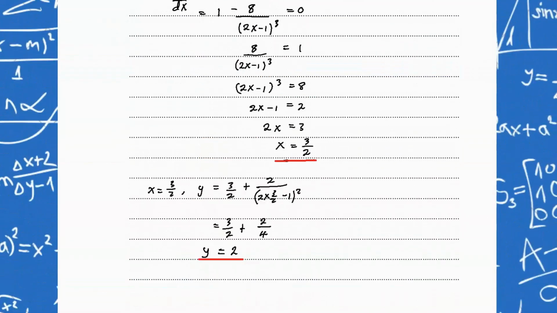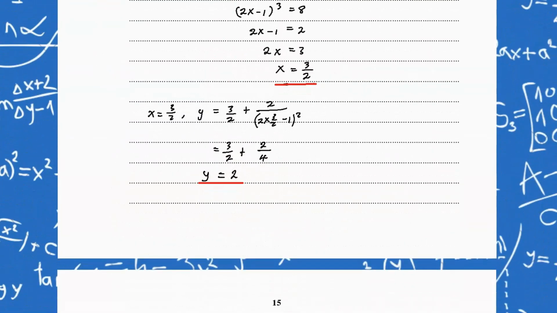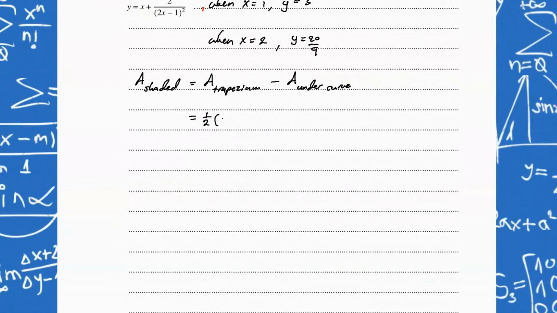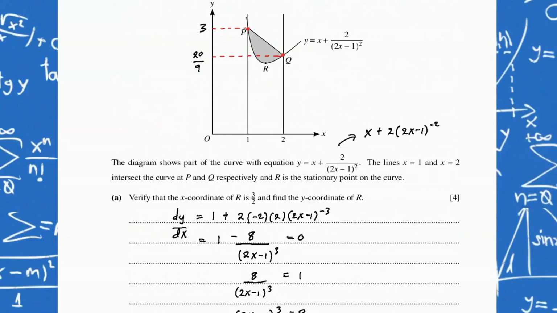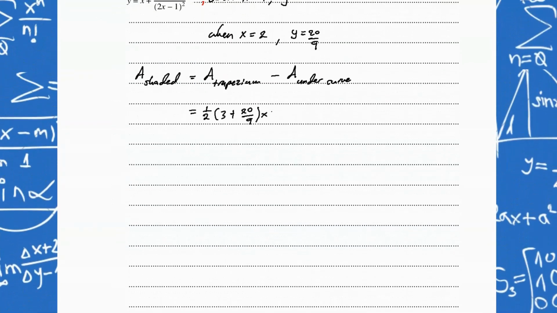The parallel sides are at P and Q, that's 3 and 20 over 9. So basically we have half of (3 plus 20 over 9) times the perpendicular height. The distance between the parallel lines is 1, so that's just times 1.